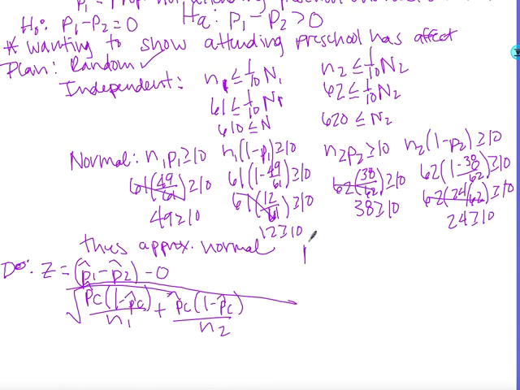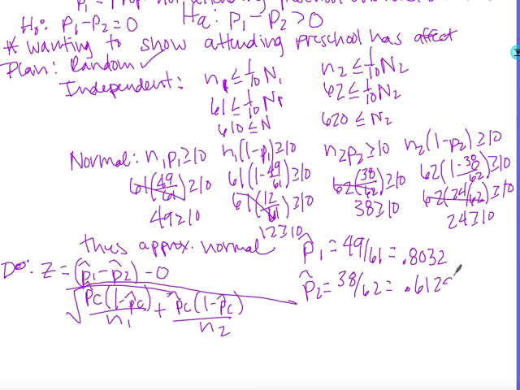Let's see, so your P hat 1 would be equal to 49 out of 61, which turns into 0.8032. And your P hat 2 would be equal to 38 out of 62, which gives you 0.6129.